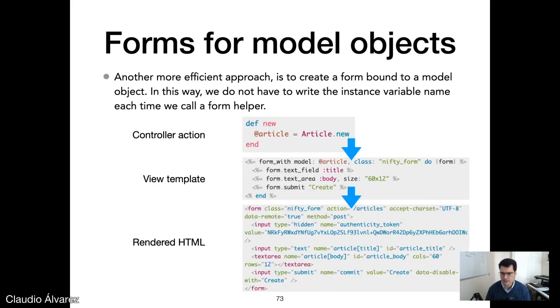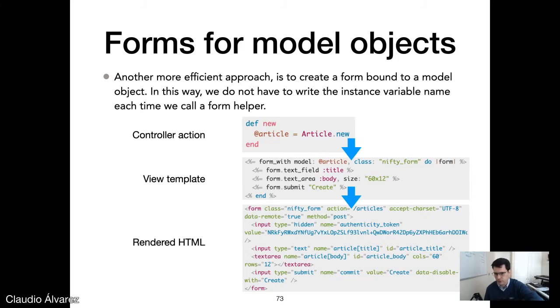So the way this works is that in your controller action, you must have some model object being created or instanced. In this case, we're creating a form for the new action. The new action will always return to the user in a web browser a form on which the user can enter the data to create a new resource. So in this case, we're creating a new article. You got a form for the article model.